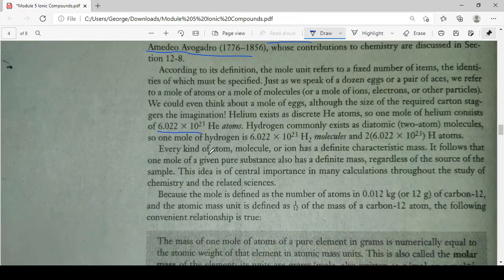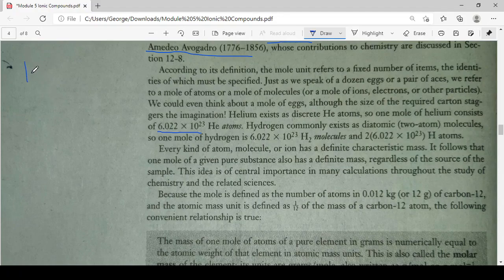And hydrogen commonly exists as a diatomic, 2-atom molecule. So 1 mole of hydrogen is 6.022 times 10 raised to the power of 23 H2 molecules, and the number of atoms is equal to 2 times 6.022 times 10 raised to the power of 23.